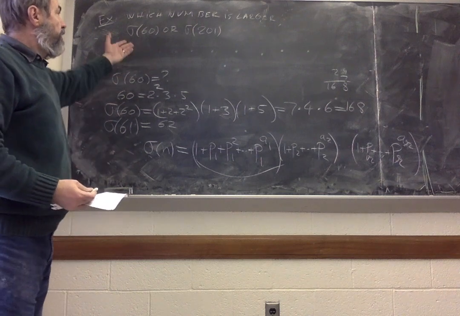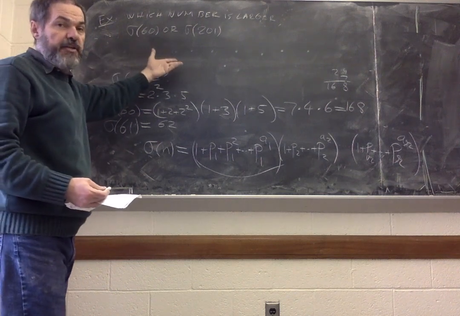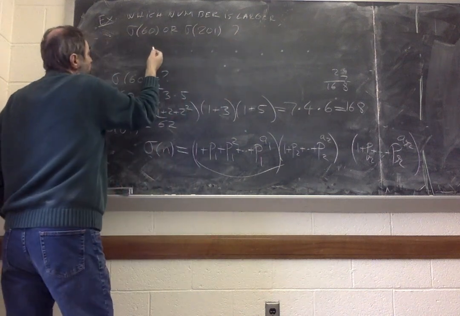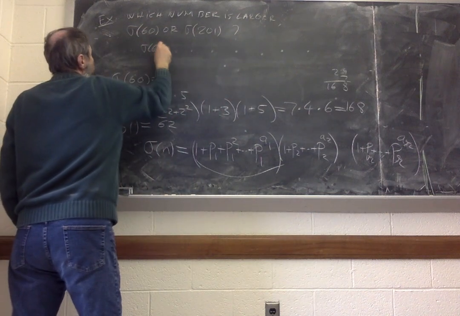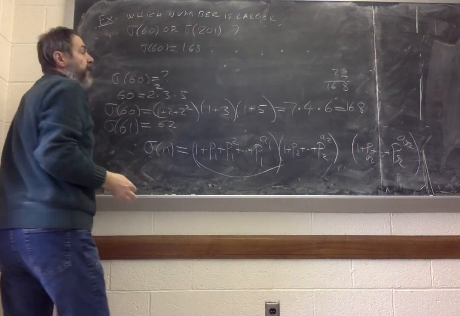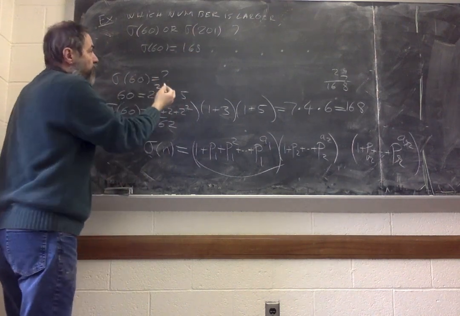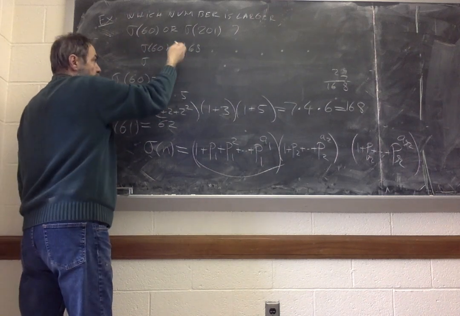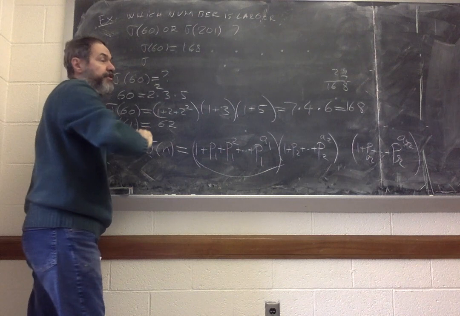Well, I already computed sigma of 60, and found that it's 168. Then, to answer the question, I don't need to compute that. I can use the definition for that one.